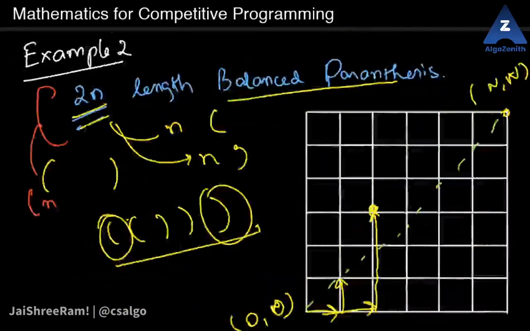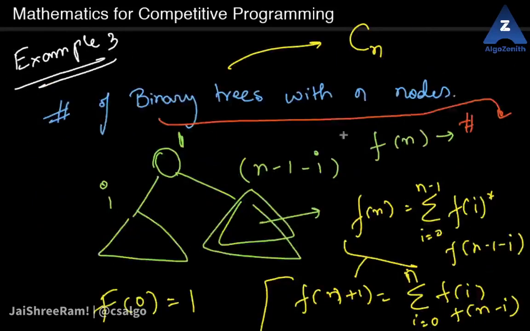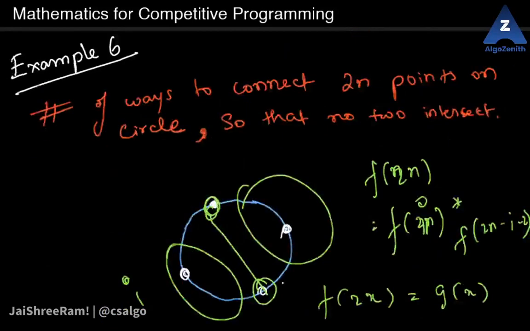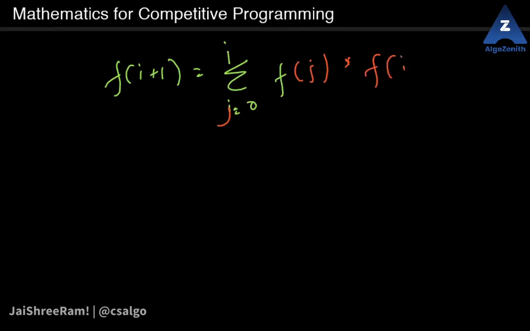There are two possible scenarios that you might identify in a problem: there is a one-to-one correspondence with a path that does not cross a diagonal, or there is a recurrence relation in this format: f of i plus 1 is equal to summation over j equal to 0 to i of f of j multiplied by f of i minus j, right?